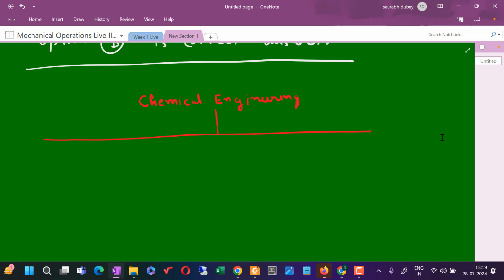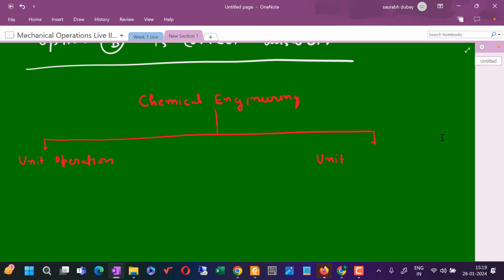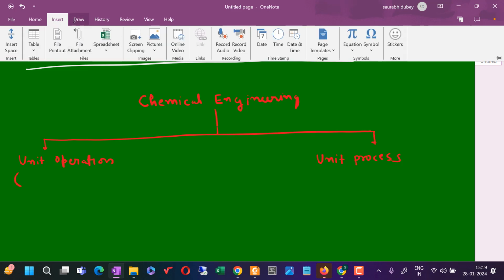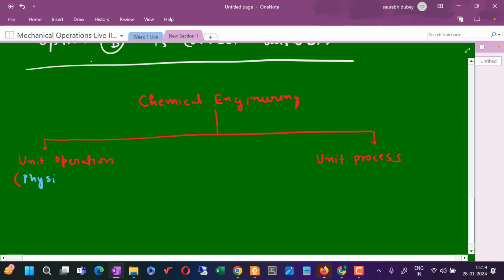First is the unit operation, and another is the unit process. Okay, and this unit operation will be having physical changes, and this unit process will be having chemical changes.